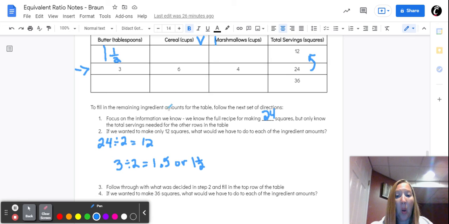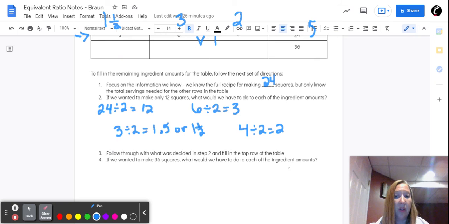Okay. We need, for cereal, we want to do, again, divide by 2. So 6 divided by 2 is going to give us 3 cups of cereal. And then marshmallows, for 24 squares, we need 4 cups. We want to divide that by 2. And then that's going to give us 2 cups of marshmallows that we would need to make 12 squares.